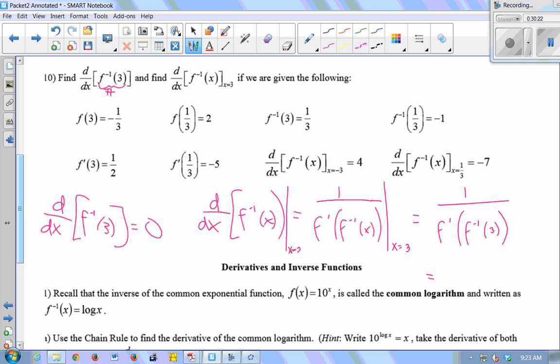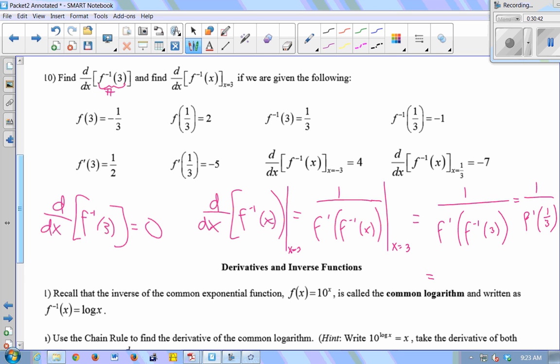Okay, now look at the table of values they gave us. What is f inverse of 3? 1/3. So I need to do 1 over f prime of 1/3. What's f prime of 1/3? -5.